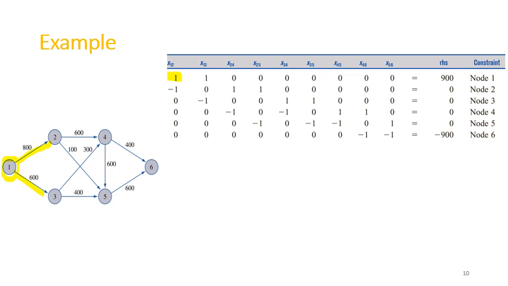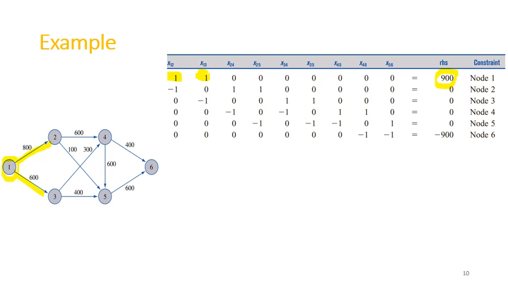So the coefficients of x12 and x13 equal 1, and all the others equal 0. And then the net supply for this network is 900. Why? Because from node 1, 900 cars are flowing out, and nothing is flowing in.